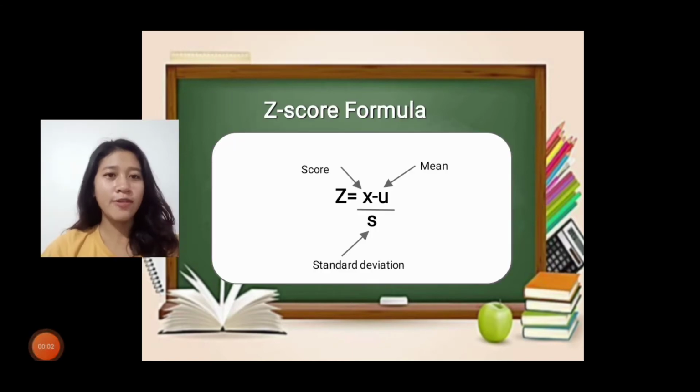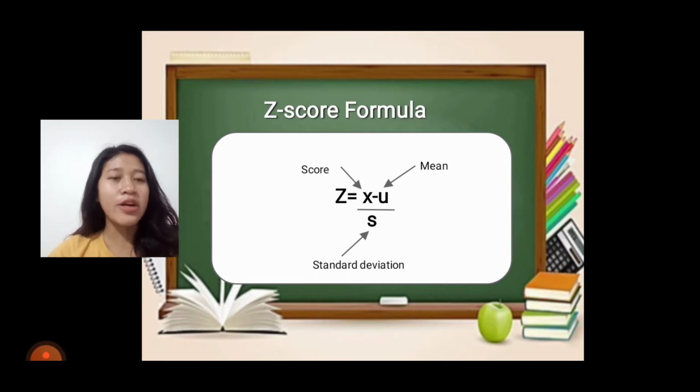The formula of the z-score is z equals x minus mu over s, where s stands for sigma, x is the individual value, mu is the mean, and s is the standard deviation.